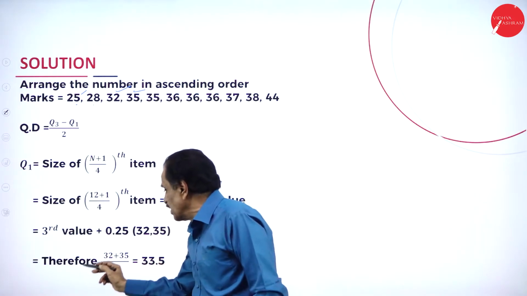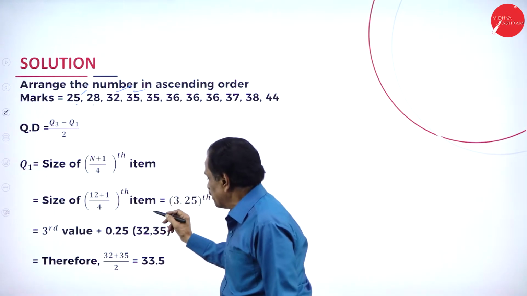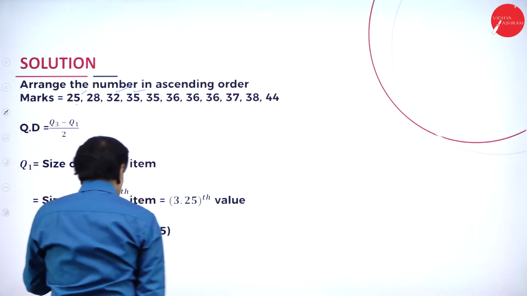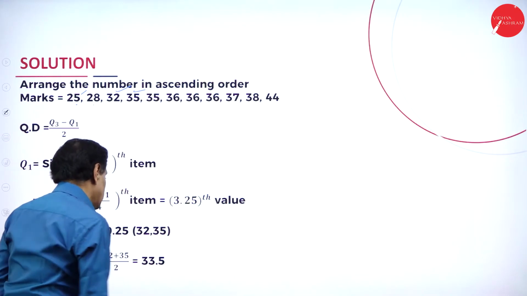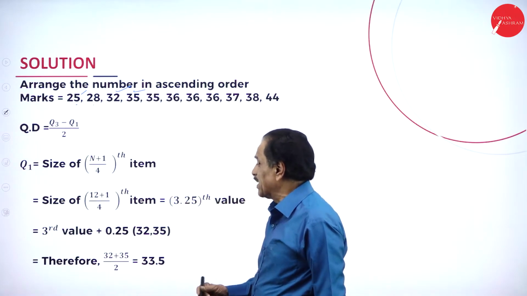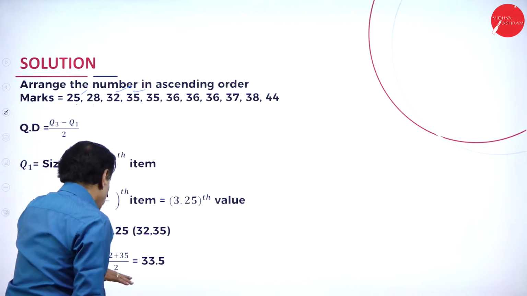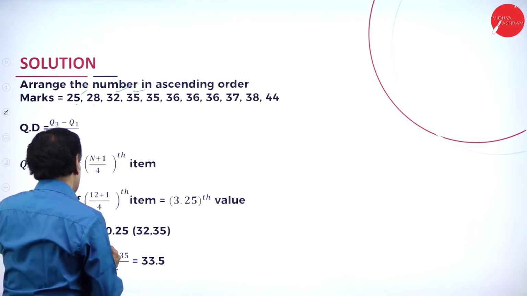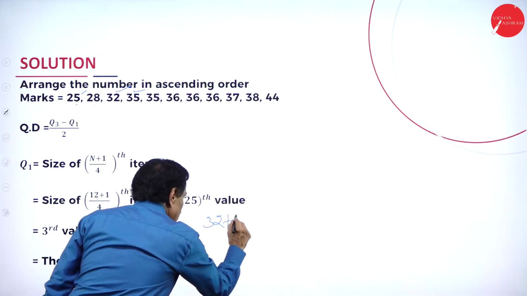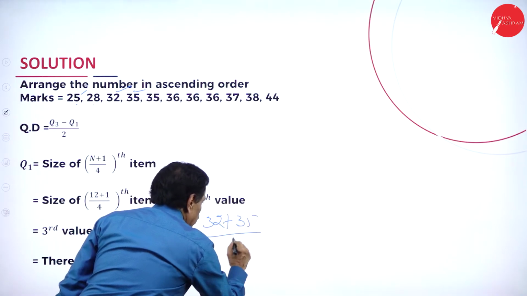Apply the formula. Therefore, 32 plus 35 divided by 2. You add 32 and 35, you'll get 67.